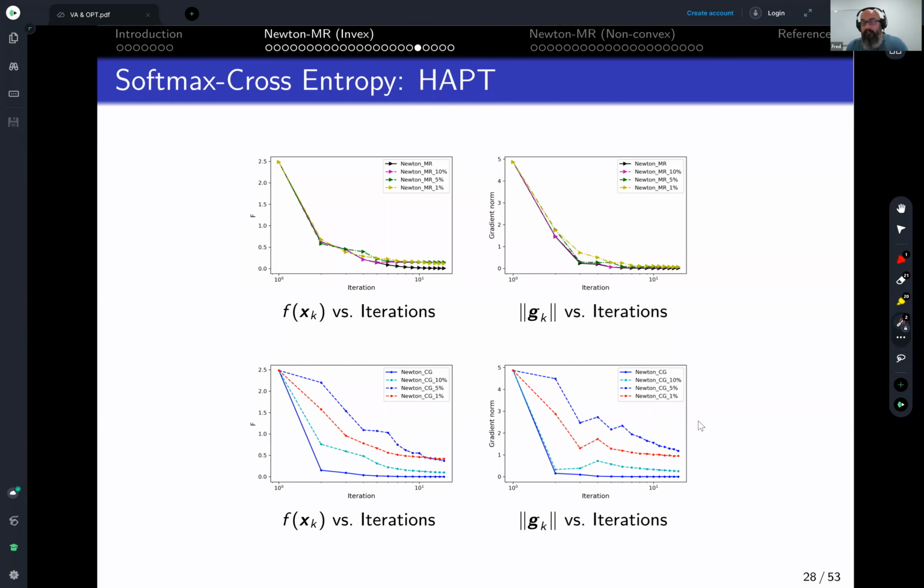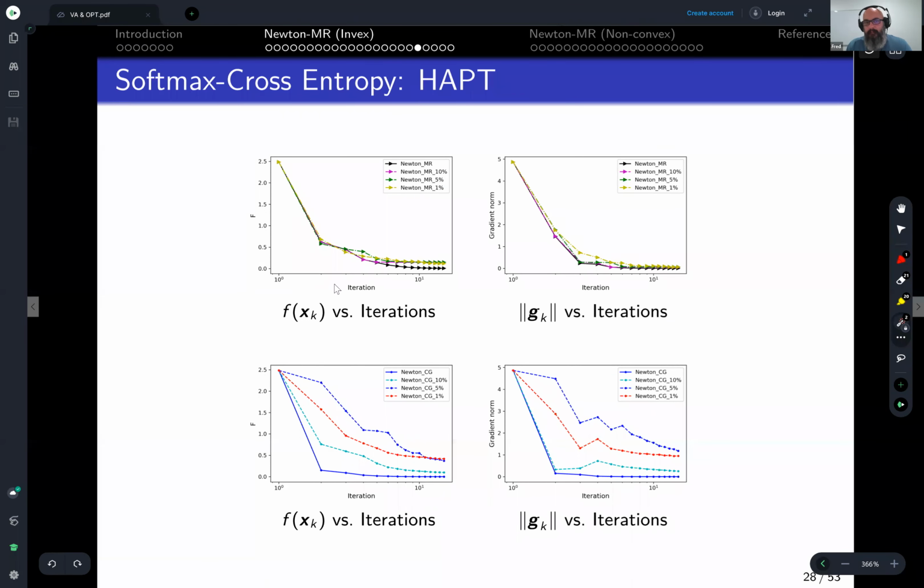But in terms of the empirical implications of replacing MINRES with CG, especially when it comes to approximating the Hessian, you'll see that the percentages are the percentage of the subsamples that we have taken. So as the percentage gets larger, your approximate Hessian becomes more and more exact. And this is the performance of, for example, a classification algorithm on this data set.